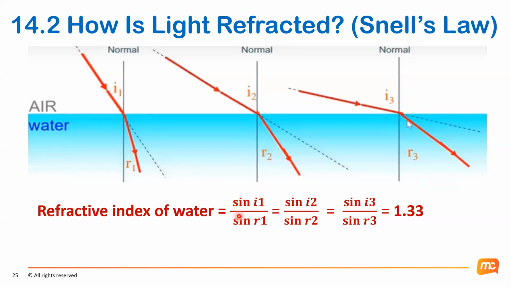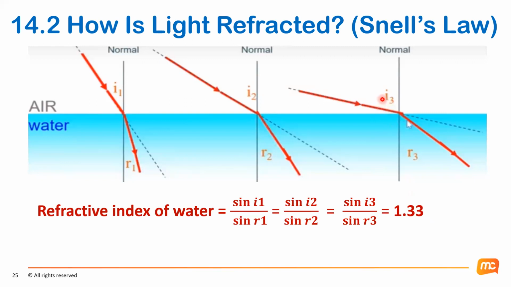If I take sine I1 over sine R1 and sub in the values, I will get a number. This number is 1.33, also known as the refractive index of water. If I increase the angle of I1 to I2, my light ray will again bend towards the normal, but my angle of refraction will be different. R1 will be different from R2. But if I use sine I2 over sine R2, I will again get 1.33.